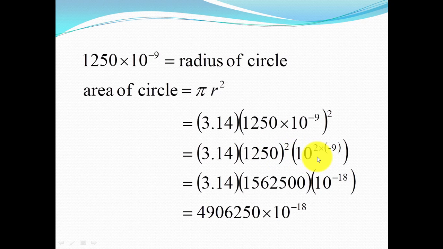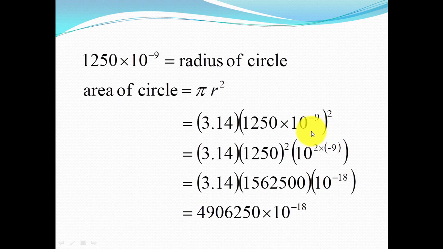When you have a number with a power, we again take its power. Here is 10 raised to power minus 9, whose power is already taken, and now we take its power again, which is the square. How can we solve it?